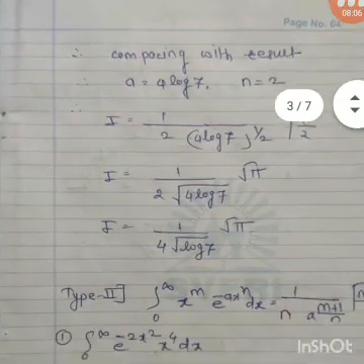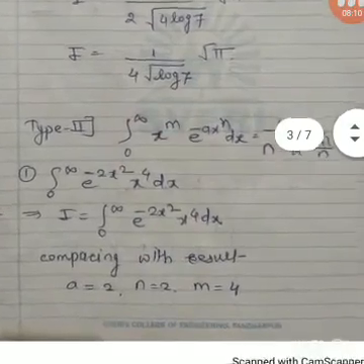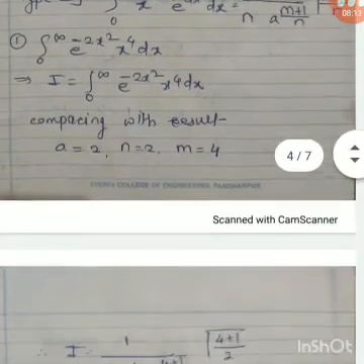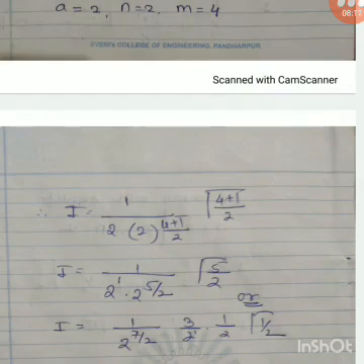Next we will move further to type 2, that is the integral from 0 to infinity of x raised to m e raised to minus x raised to n dx. The value of the integral is again 1 upon n into a raised to m plus 1 upon n, gamma of m plus 1 upon n.